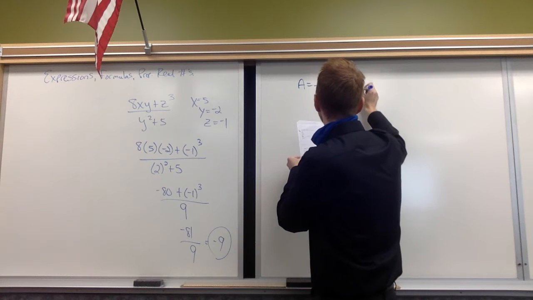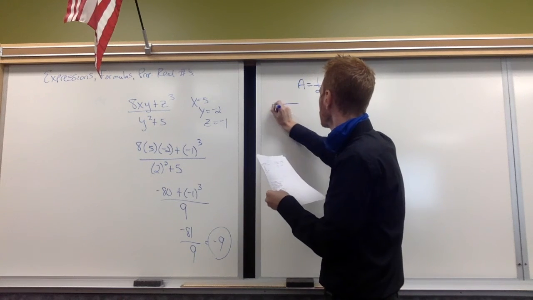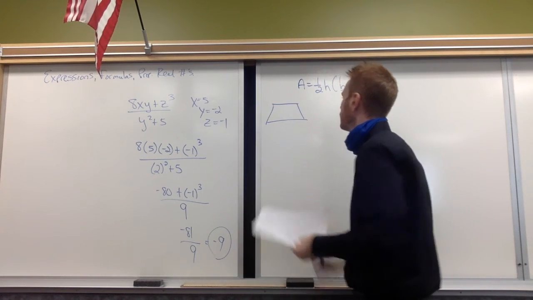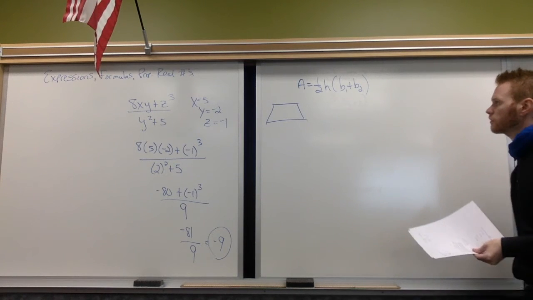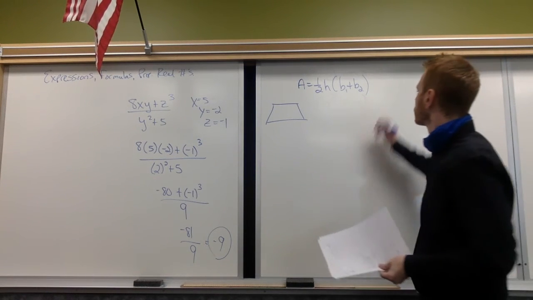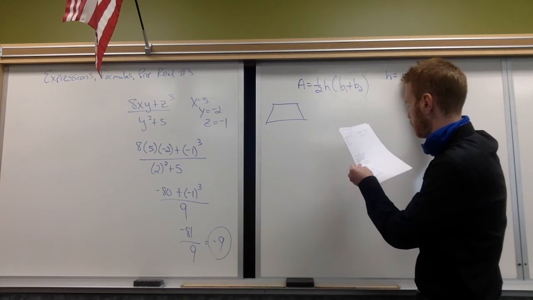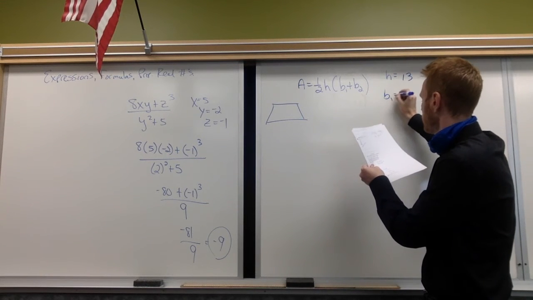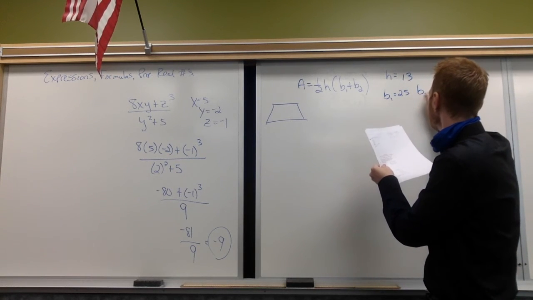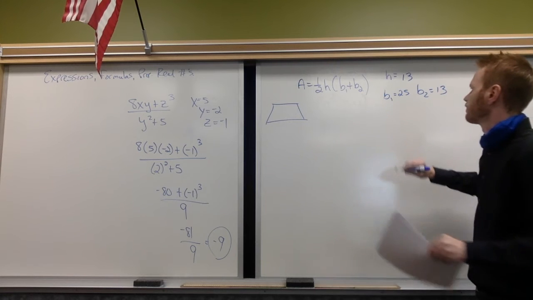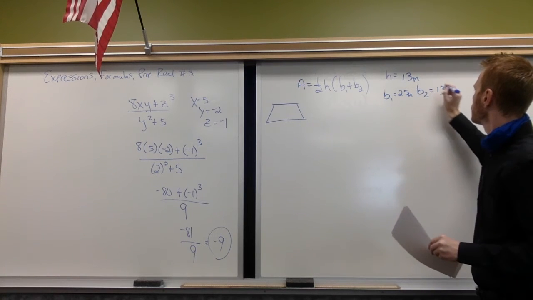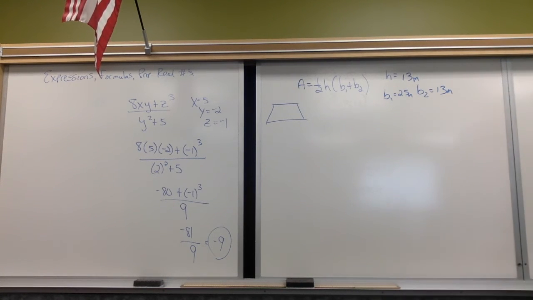And if you recall, a trapezoid does have 2 bases, looks like this, and it has a height. And they give us that. The height was 13. One of the bases is 25, the other base is 13. And this is all measured in meters.